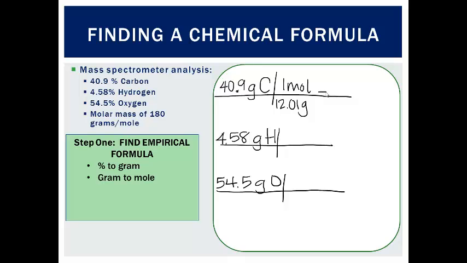So that equals, we look up hydrogen, 1.01 grams in 1 mole equals, and oxygen, 15.99 grams in 1 mole equals. All right, so we're going to type these calculations into your calculator. And when you write what it equals, you want to give your answer to at least 4 decimal places.